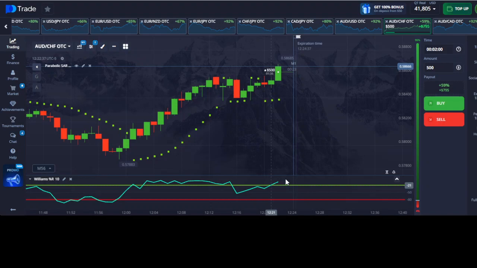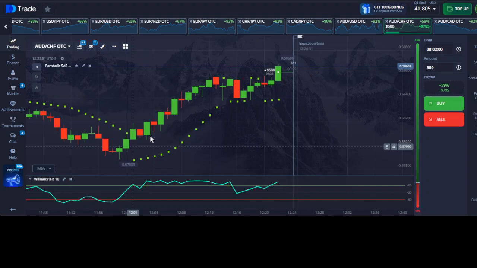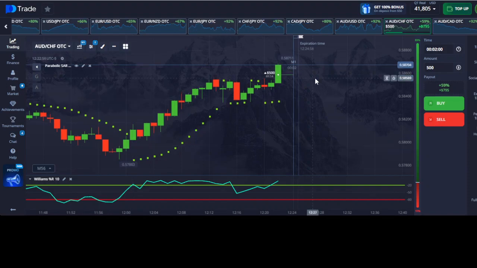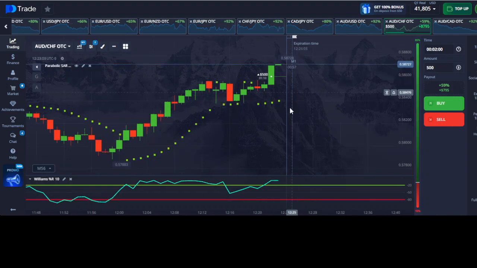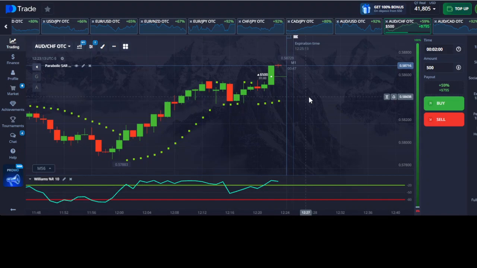In addition, the Parabolic SAR dots have begun to print below the candles, and we're noticing a general bullish movement in the price of the currency pair. All these conditions and confirmations are consistent with a continued bullish movement to the upside. So we're going to wait till the expiry at the end of 2 minutes.